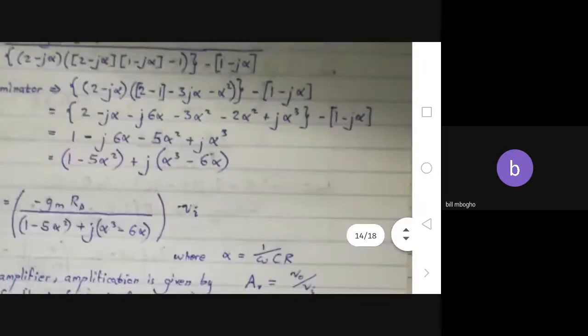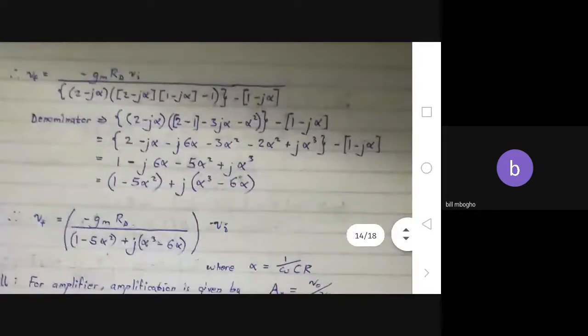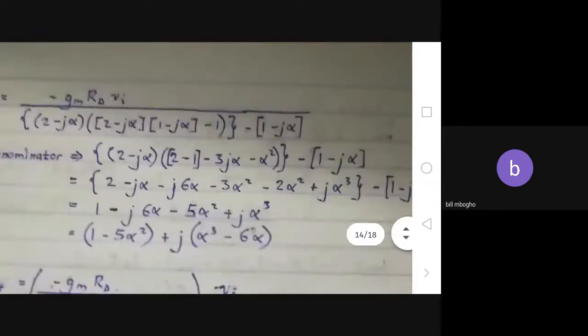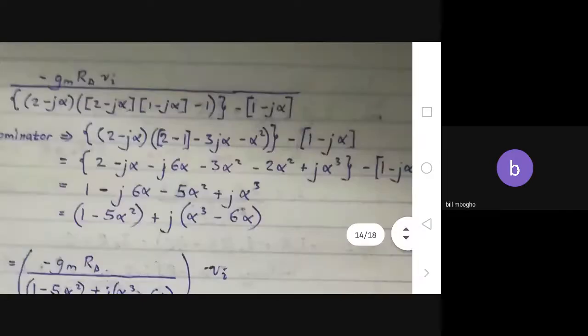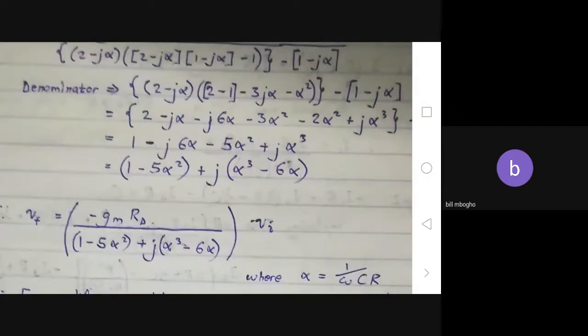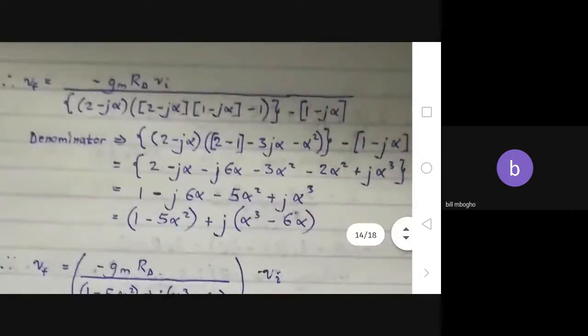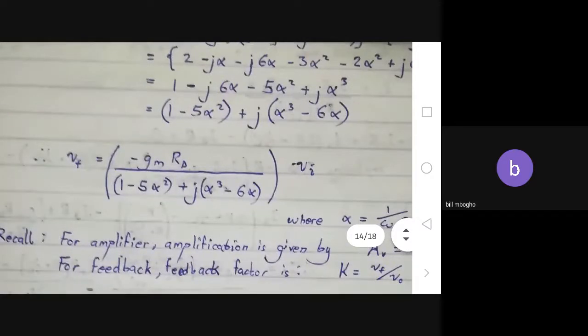So it's a lot of calculation. But this part, after you've replaced the 1 over SR with negative j alpha, you get here. So I had to split it up again to prevent confusion. So I calculated the denominator alone, and that's the VF in terms of VI.